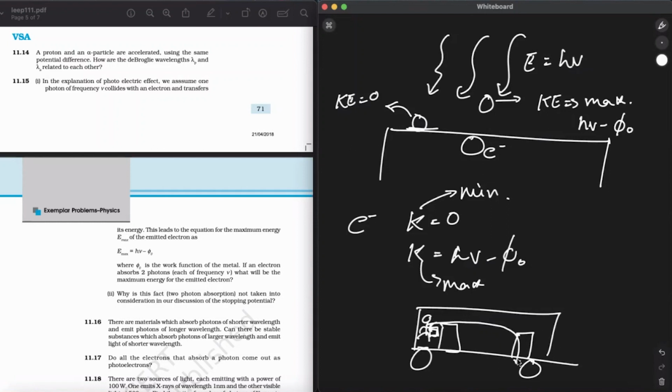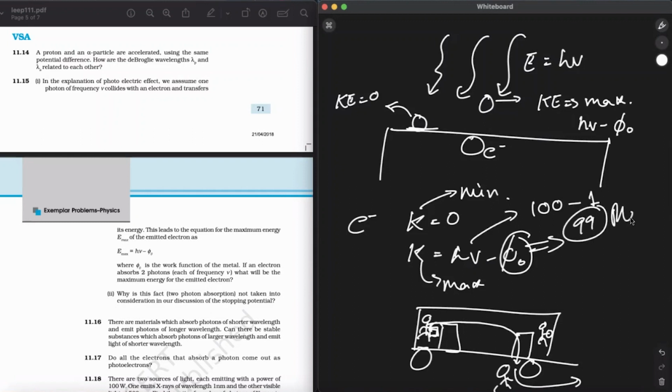But when you get out, you have to give at least one chocolate to the driver, at least one. So that one is the work function. I give you 100 chocolates. You have to give at least one chocolate to this driver before getting out. So you gave one chocolate. How many chocolates will you have when you are out of this metal sheet or this bus? You'll have 99 chocolates. So this is the maximum value that you can have.